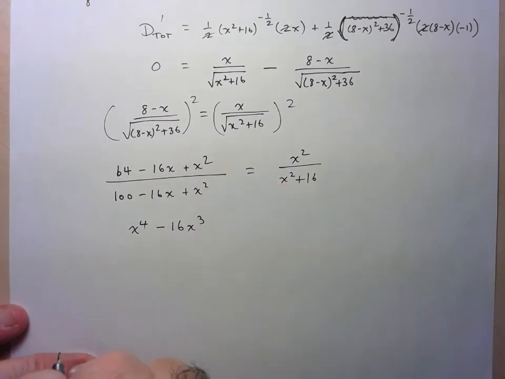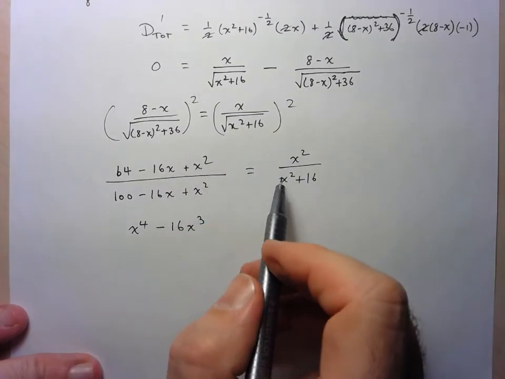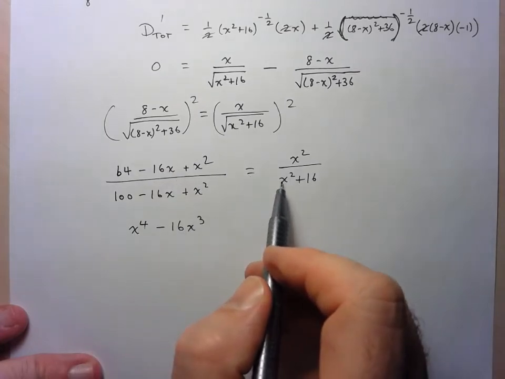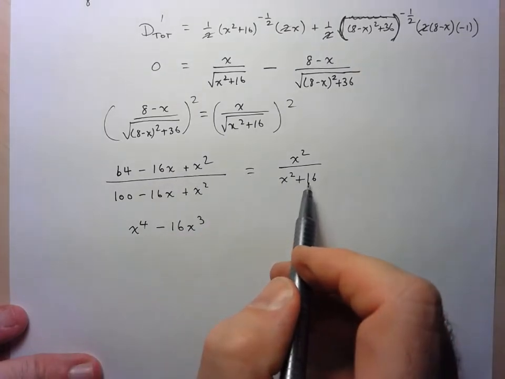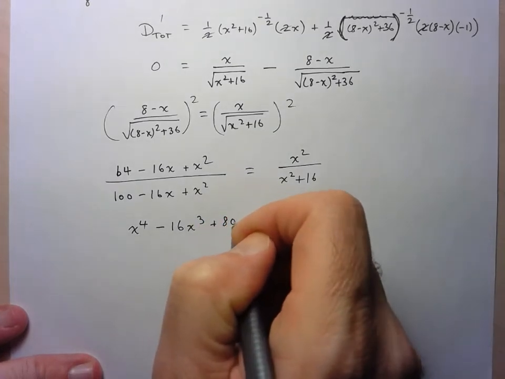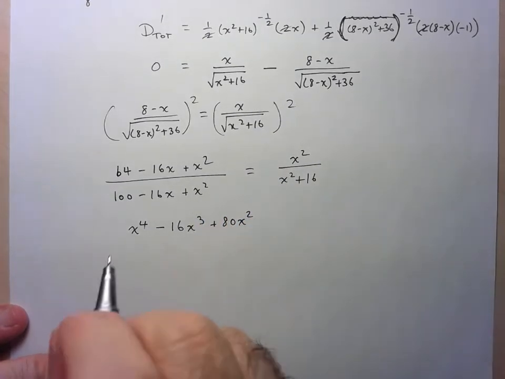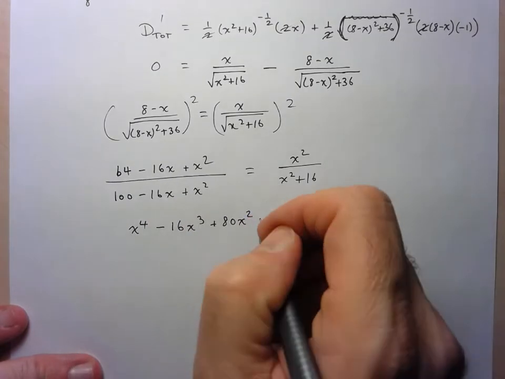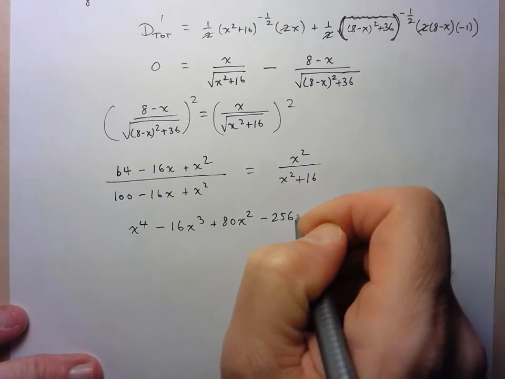16x cubed. Okay, I'll definitely have 2x squared terms because I got 64x squared plus 16x squared. So that's 64, 74, 80, so plus 80x squared. There's going to be only one x term, negative 16 times 16. So that's negative 256x.